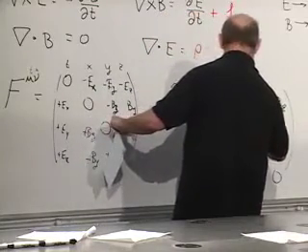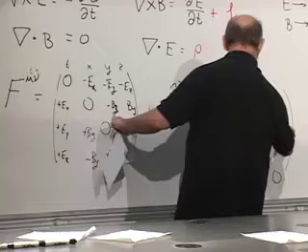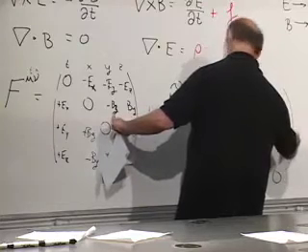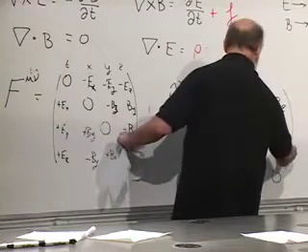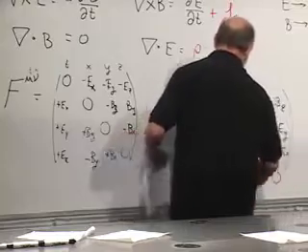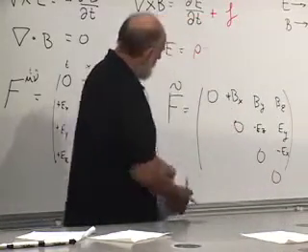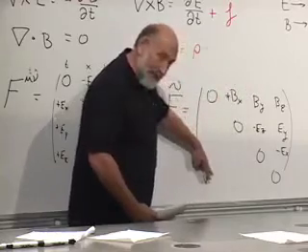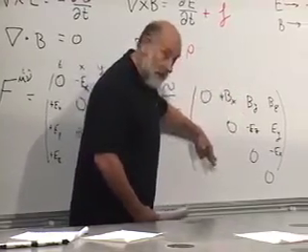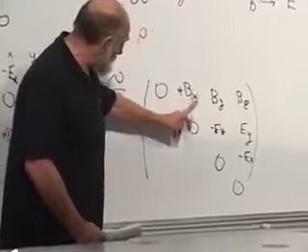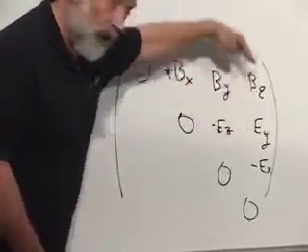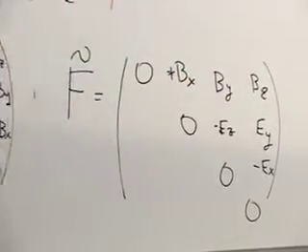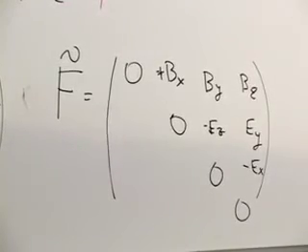So minus E z, E y, minus E x. And then on the other side, you just have to remember that it's antisymmetric. So everything on the reflected side of the matrix is just the negative of what it is in the upper half of the matrix. I won't bother writing it out.